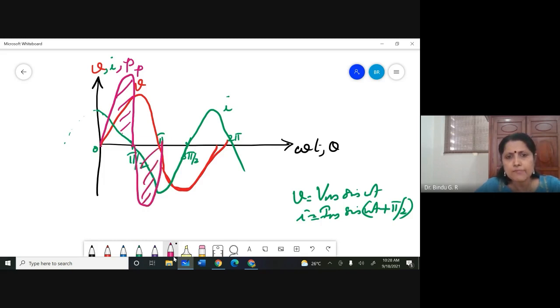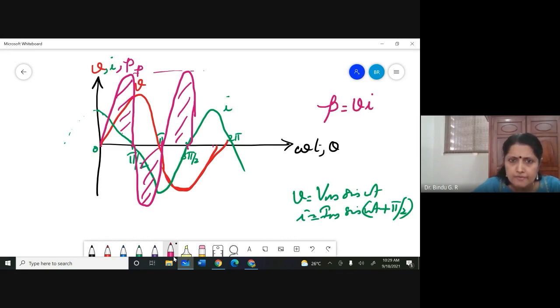From pi to 3 pi by 2, both current and voltage are negative, so negative into negative will be positive. How do I get that? Because I know at every point instantaneous power is V into I. Then from here to here, again negative.